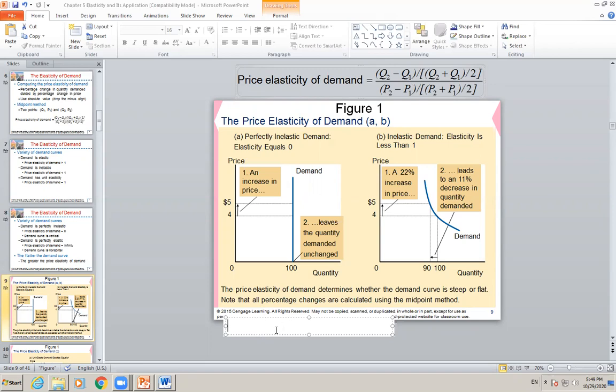Q2, Q1: 100 minus 90, divided by, we open the bracket, 100 plus 90. Of course, it's divided by 2, but in separate brackets.